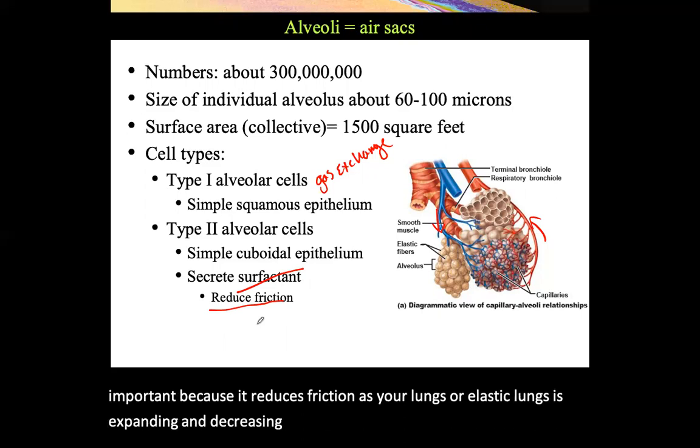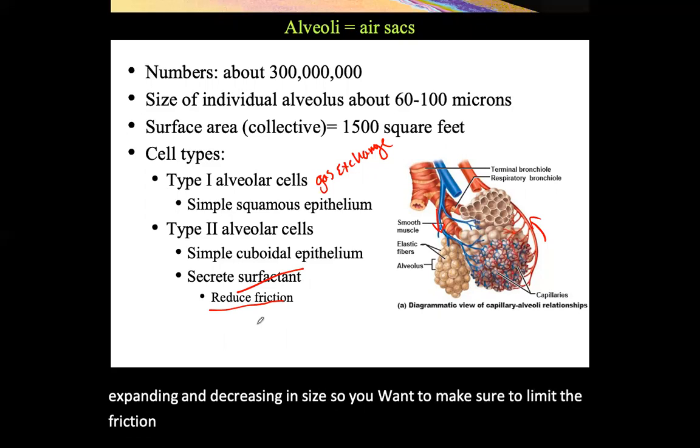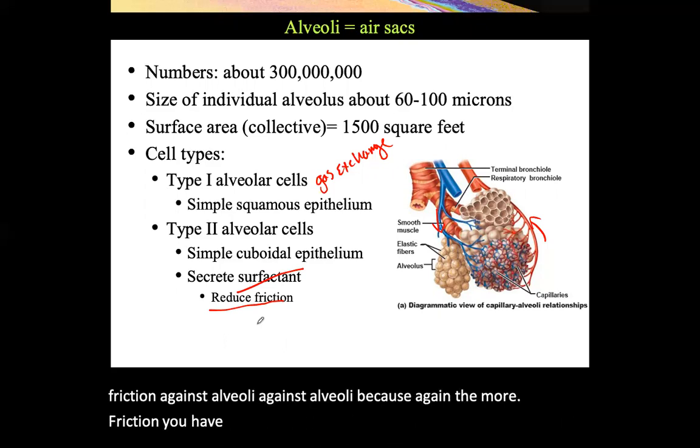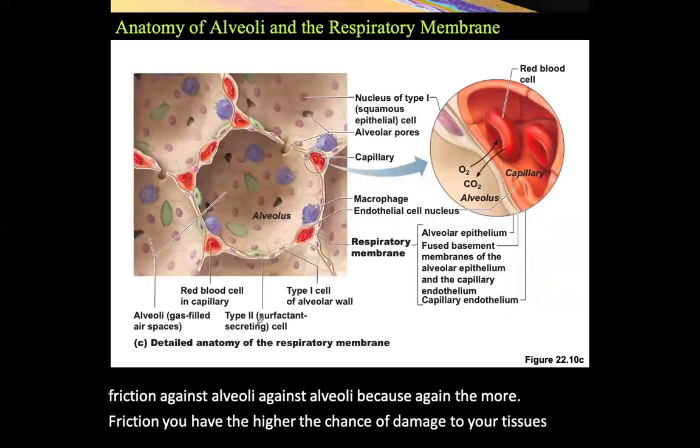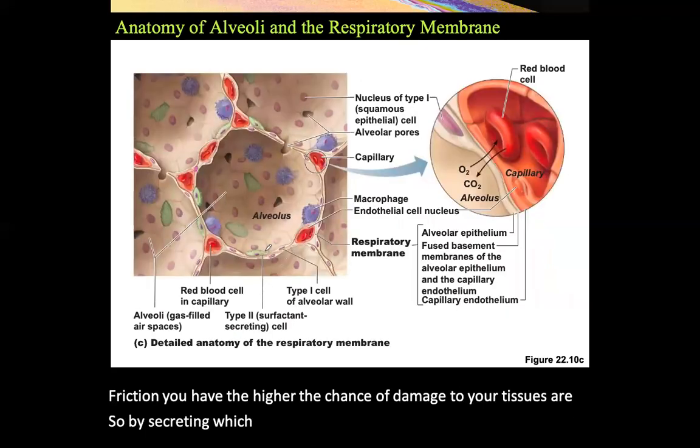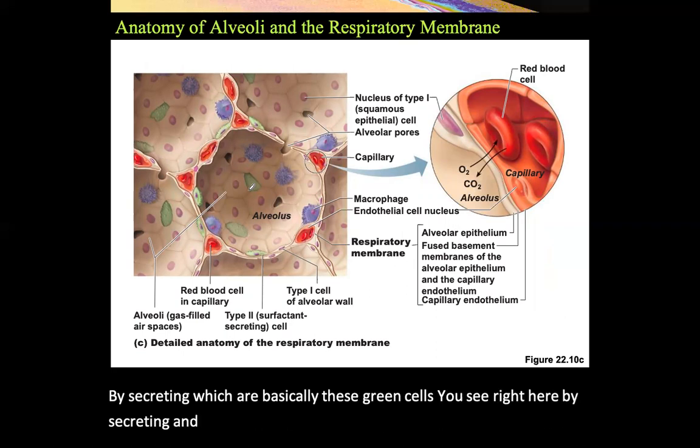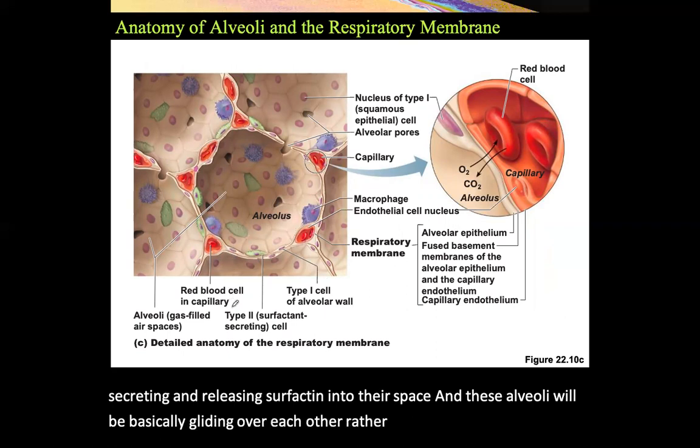You want to limit the friction against the alveoli, because the more friction you have, the higher the chance of damage to your tissues. So these green cells secrete and release surfactant into the space, and the alveoli glide over each other rather than rubbing against each other and creating a lot of friction.